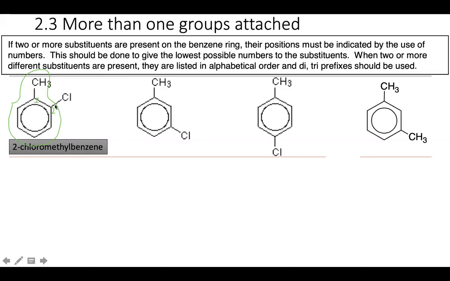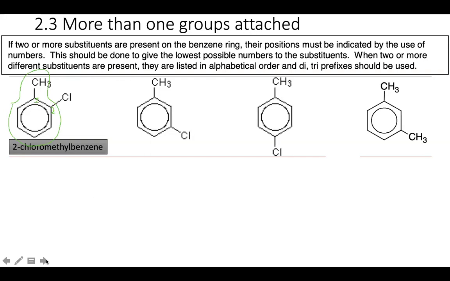So you don't want to call this 6-chloromethylbenzene. Okay, the naming rule is exactly the same as the ones that we have covered in AS. We want to take the position that gives the lowest possible numbers to the substituents. Substituents like this, the chloro is a substituent.